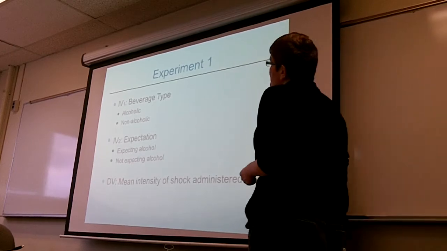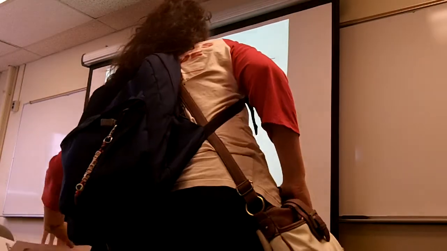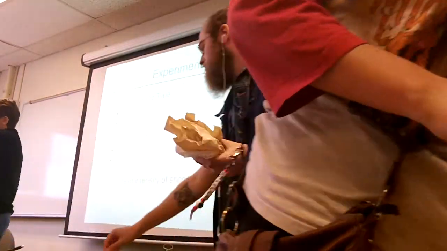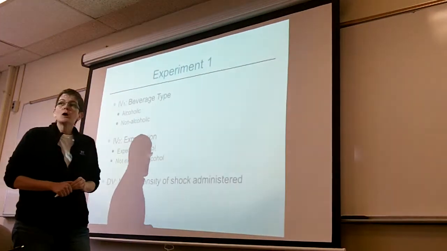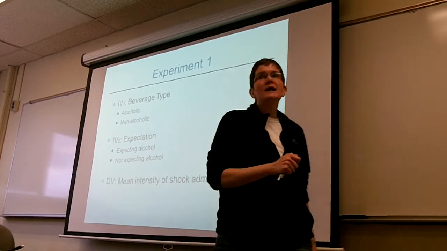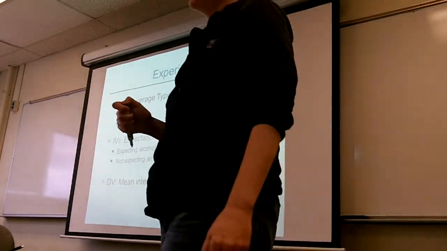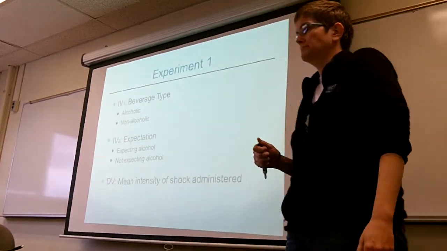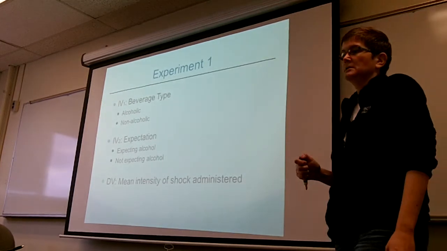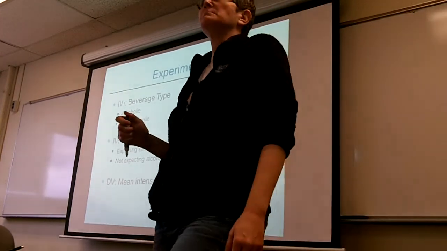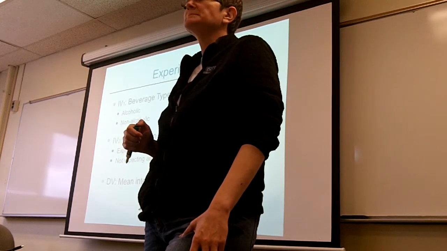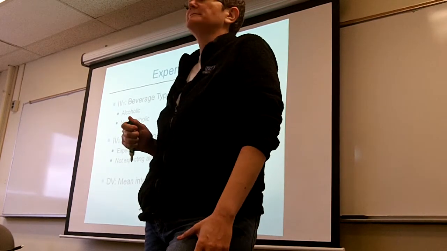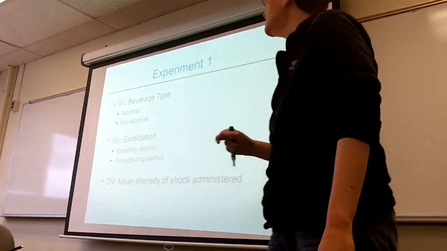Okay. And our first IV is beverage type. Half of our subjects are going to get a beverage that has alcohol in it. The other half are going to get a non-alcoholic beverage that smells like alcohol. So it's like a placebo. Is that between or within? It's a half and half. Between, that's right.